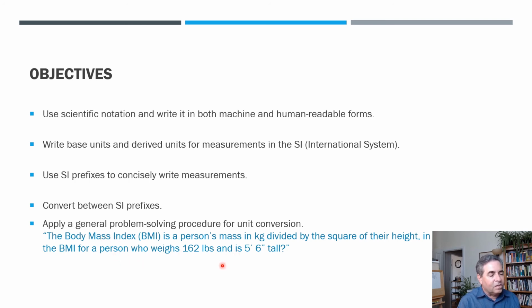Here's sort of a health sciences related one where you're calculating someone's BMI from their height and from their weight. You're using English units down here. The BMI is defined in terms of the SI units. So you're going to have to do English to metric conversions there and then put them together to calculate the person's BMI. And this will be the last problem actually that you do in this lesson.